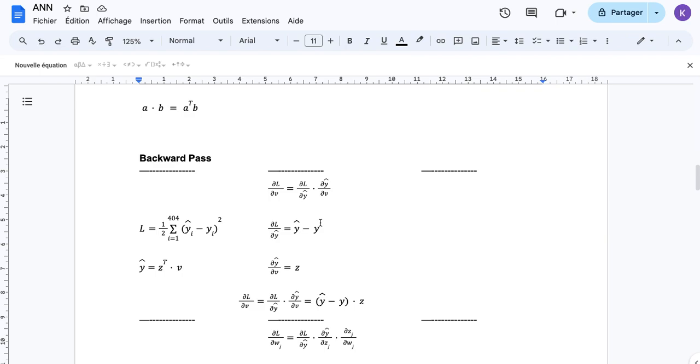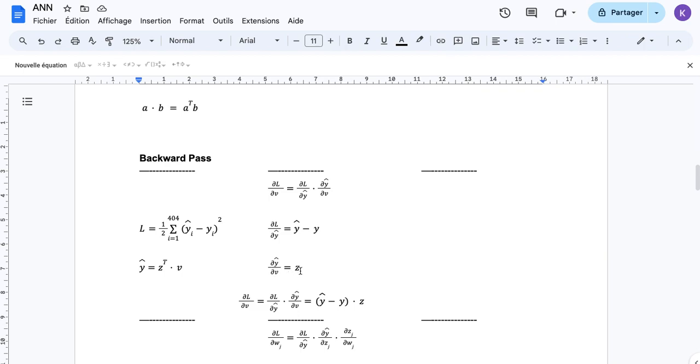Moving on to the next partial, the partial derivative of the prediction vector y hat with respect to the weight vector v is equal to the output matrix z. Now remember, z was the output matrix of the hidden layer.